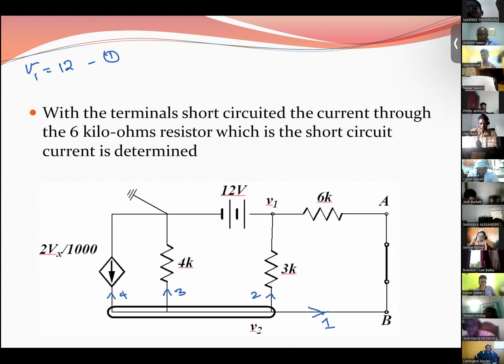V2 minus V1 over 6K. Good. Branch 2. V2 minus V1 over 3K. Branch 3. V2 over 4K.